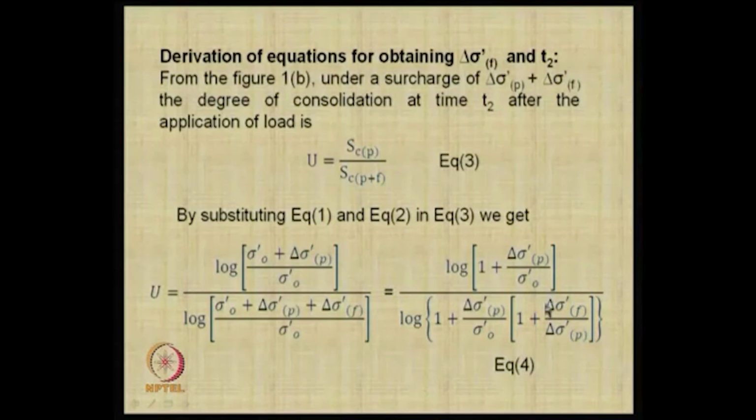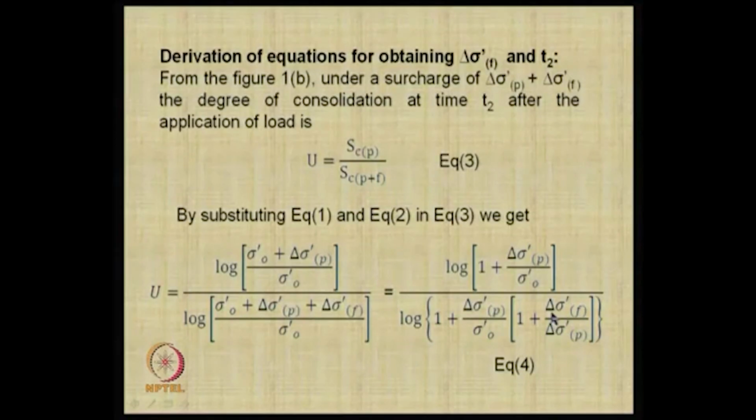These two ratios are quite important. One ratio is in relation to the overburden pressure sigma naught, which is nothing but gamma into H at any point. Then how much extra load: instead of 100 kPa, this could be 200 kPa, some ratio one should have.